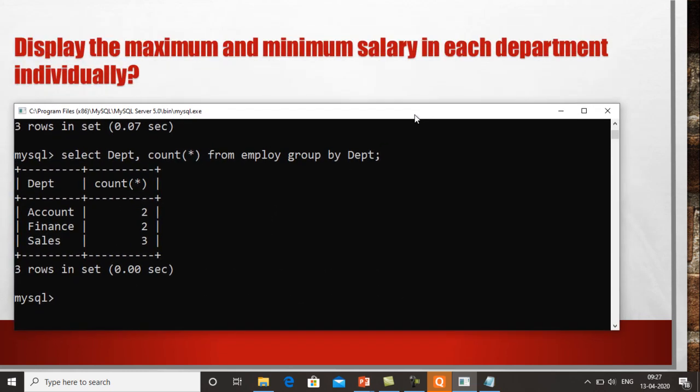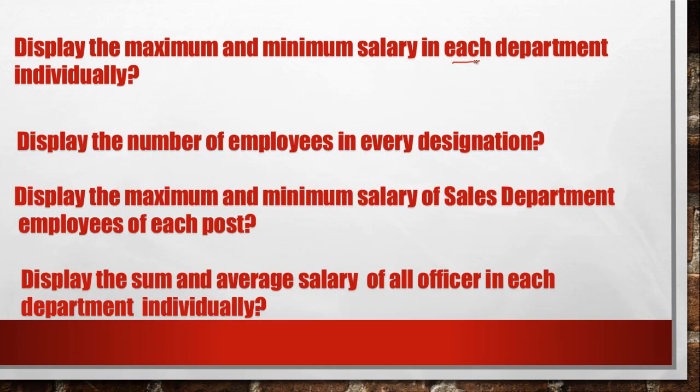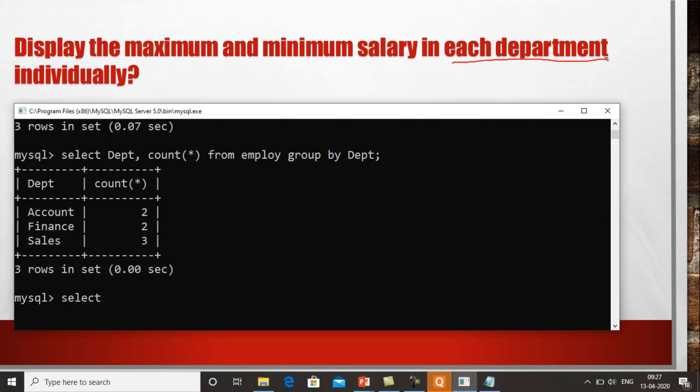So the first question is: display the maximum and minimum salary in each department individually. It means we have to find the highest and lowest salary in the sales, finance and accounts, all those departments. So what I will do, select. Now you have given here each department, so obviously we have to make groups on the basis of department.